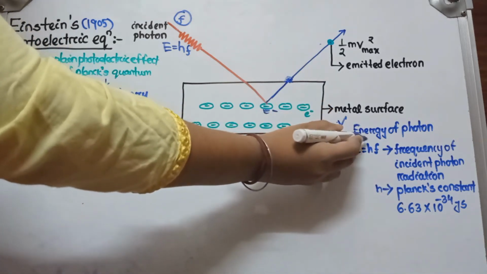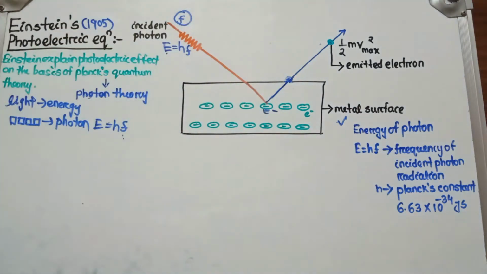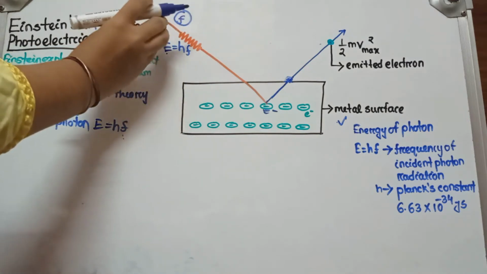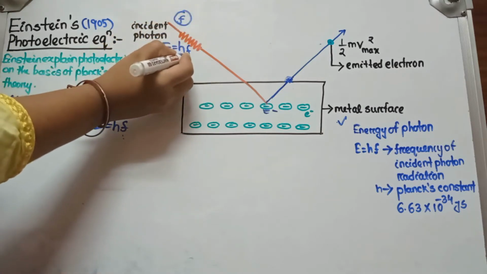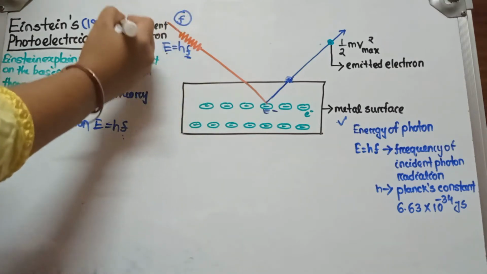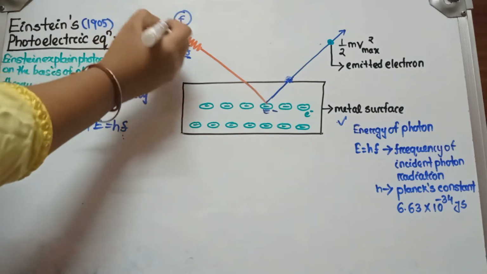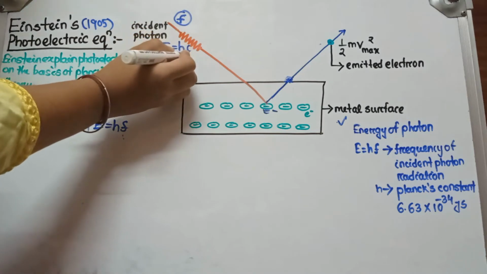This is the energy of a photon, E equals hf, where f is the frequency of the incident photon or incident electromagnetic radiation.